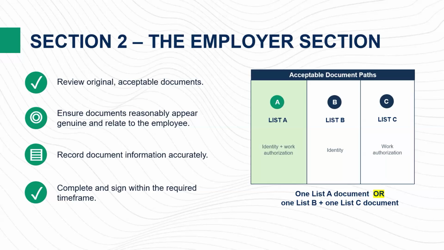Okay, so you have to follow the directions under which column they go. The government does not expect you to be an ID expert. Okay, it says reasonably review and they appear reasonably genuine. So you want to check for spelling, look at the picture, expiration dates. Before you make any employment decisions, if you have any questions about this, you will need to consult an immigration attorney.